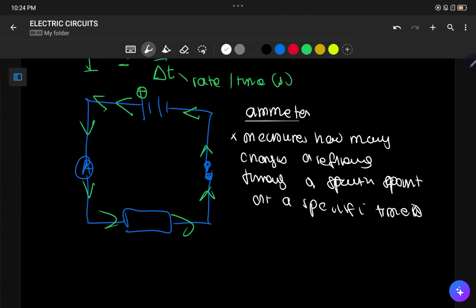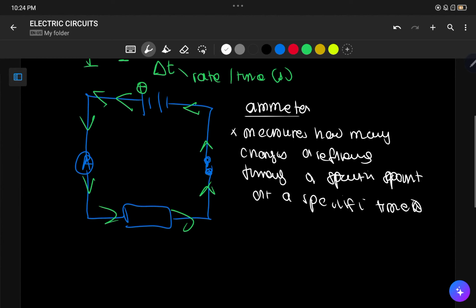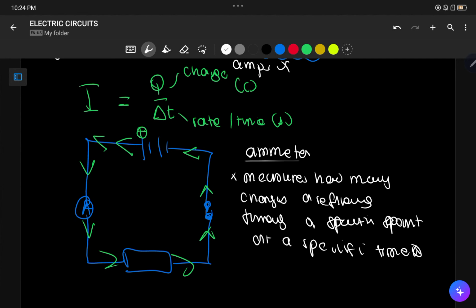Voltage is always measured in volts, or V. The symbol is the same as the unit. The formula to calculate voltage is V equals W divided by Q, which is the work done divided by the charge. And the formula to calculate current is I equals charge divided by time, which suffices the definition of rate of flow of charge.